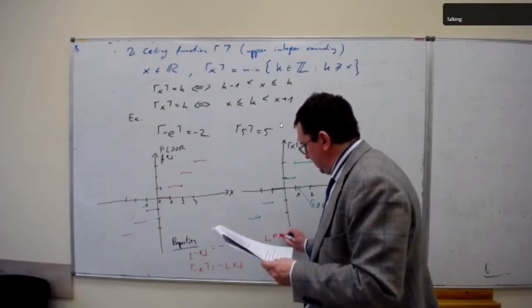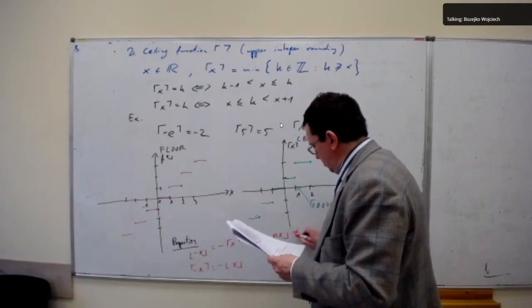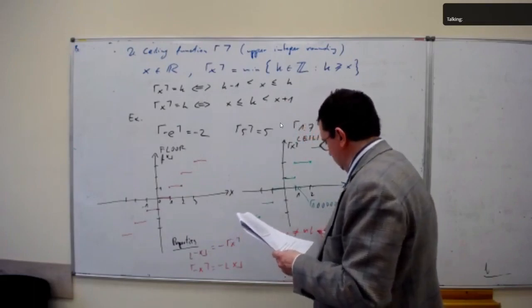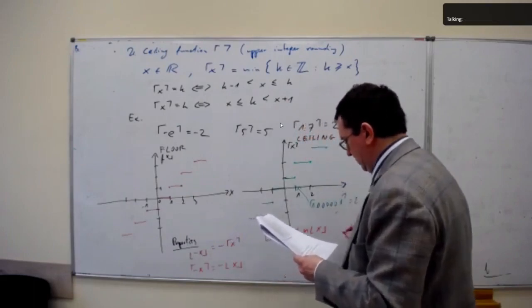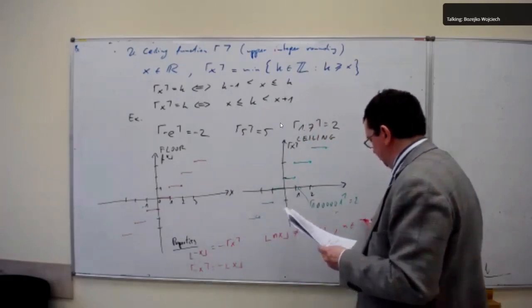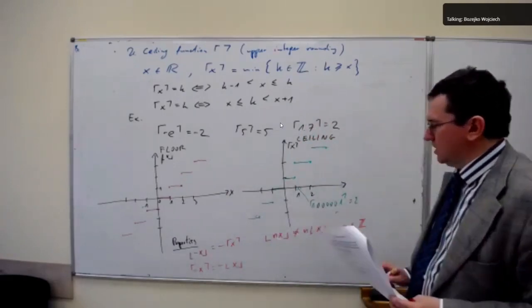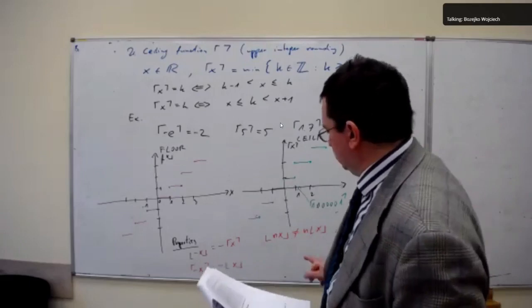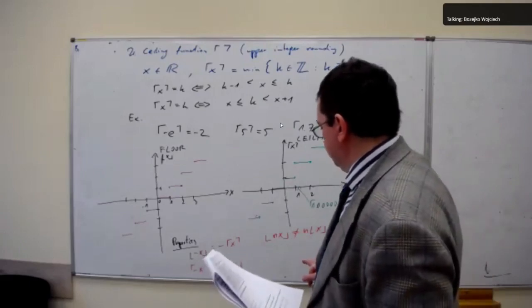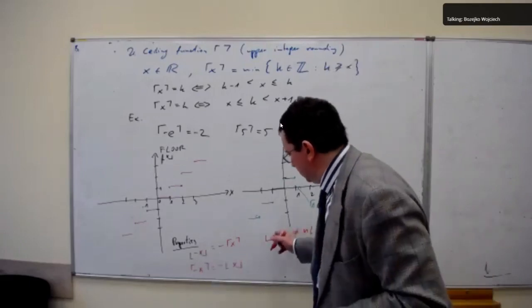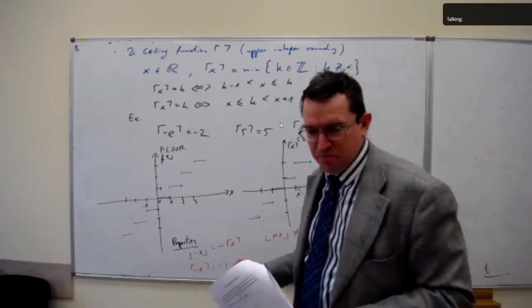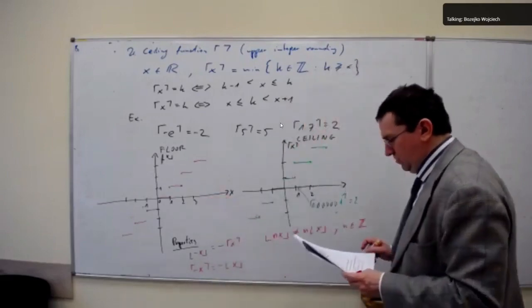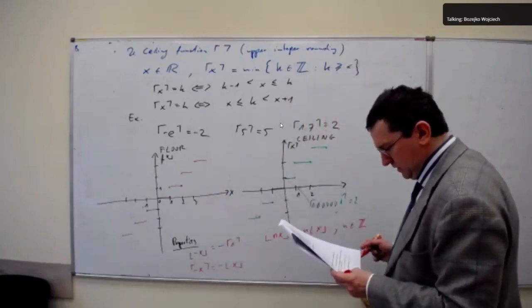Floor of n times x is not n times floor of x, even if n is an integer. This is important because it is not possible to take the constant out of the floor or ceiling; similarly for ceiling.